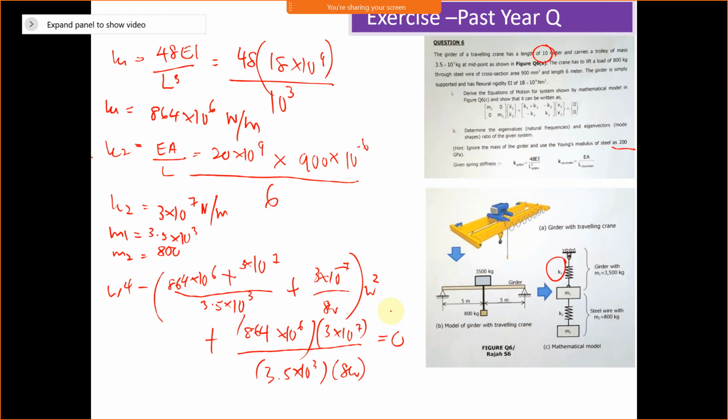Okay, so simplify then kita akan dapat omega to the power of 4 minus 293 times 10 power over 3 omega squared plus 9.26 times 10 power 9 equals to 0. So kita dah dapat dalam bentuk quadratic equation. Then dari situ kita boleh simplify lah.